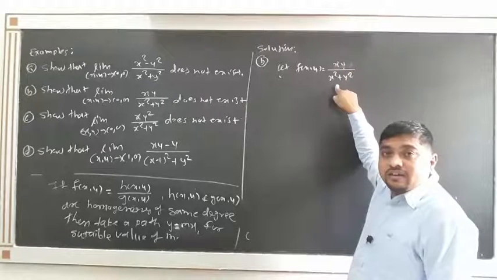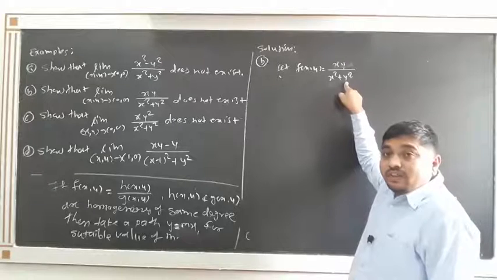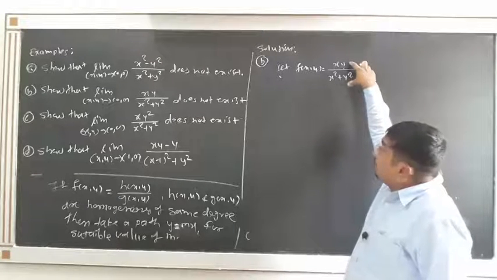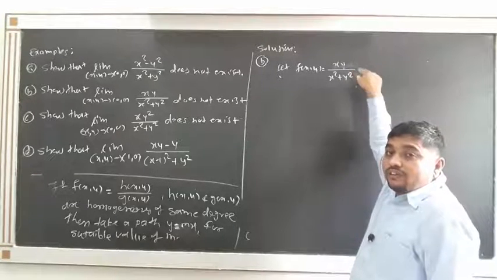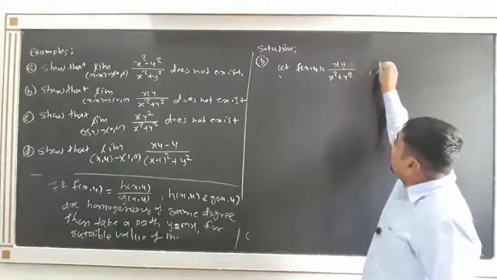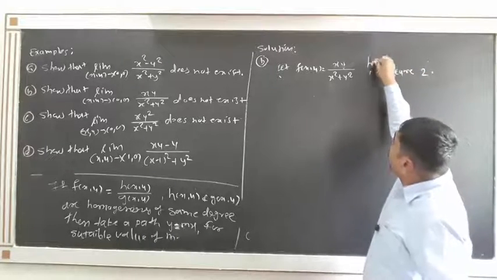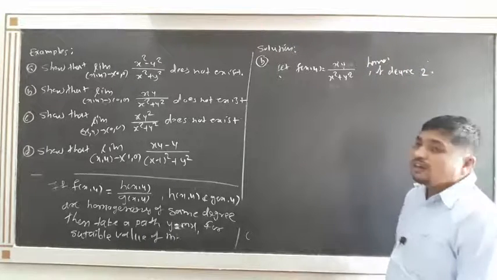Then again here, this is x square, here x square, same degree. Then both have the same degree, h of xy, g of xy, or this f of xy is homogeneous of degree 2. Homogeneous of degree 2.